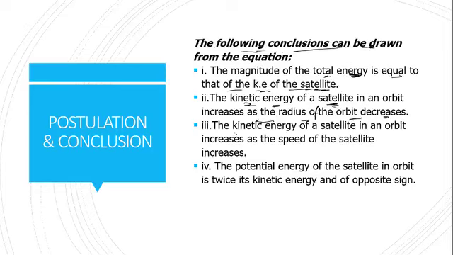The third one is that the kinetic energy of a satellite in an orbit increases as the speed of the satellite increases. So we can say that the kinetic energy of a satellite is directly related to the speed of the satellite itself. And finally, the potential energy of the satellite in orbit is twice its kinetic energy and is of opposite sign.